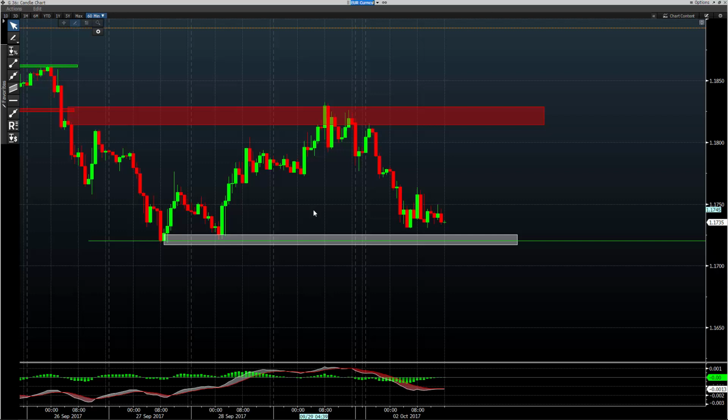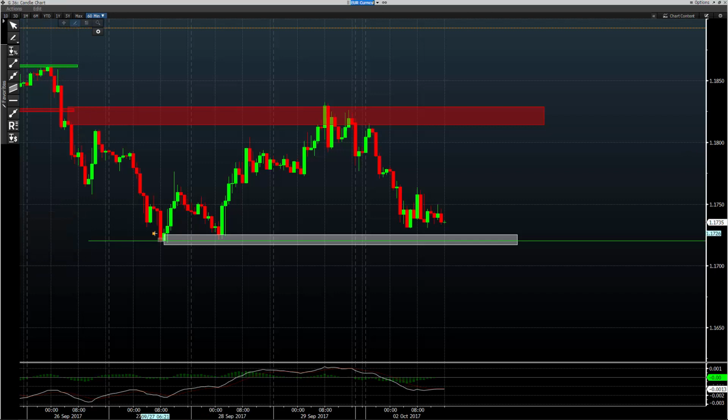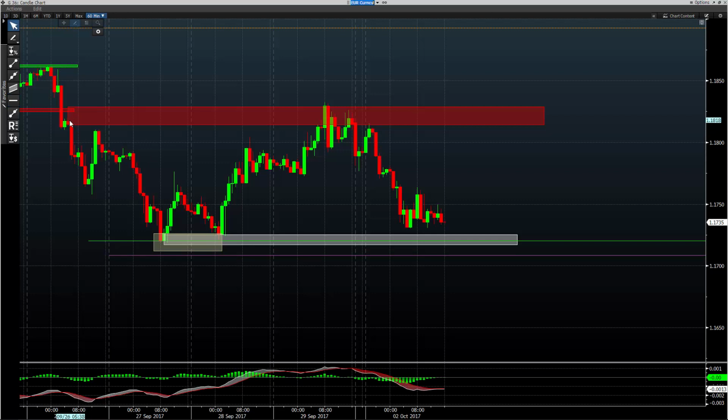It's an edge for yourself, saying, look, if I'm going to deal euro dollar from the long side and I'm going to deal in this little zone right here, then if the market moves beyond that zone, I'm going to cut my losses. I'm going to take a very minimal loss. But if the market rotates back to this level, that's paying me roughly 8 times what I risked. That's my edge.